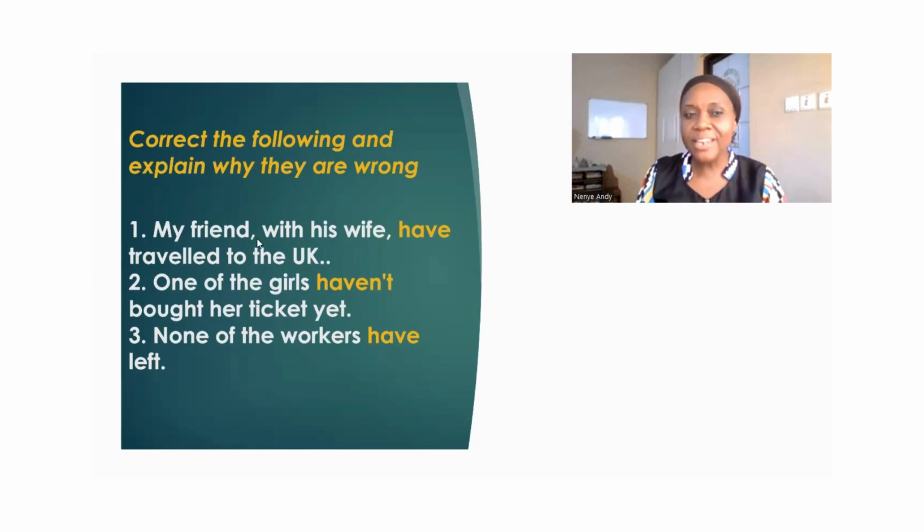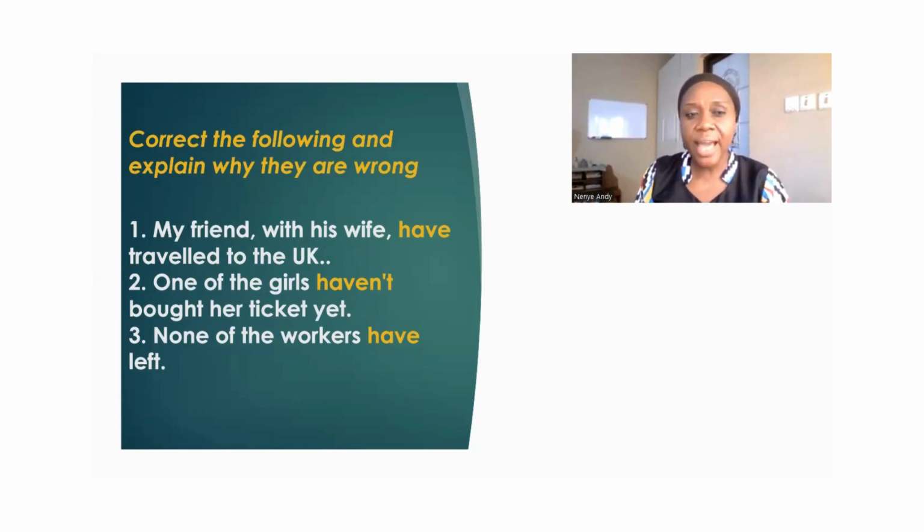So my friend with his wife has traveled to the UK is correct because this extra information is already set out with commas, like a parenthesis. You can even put it in brackets to show that it's extra information.